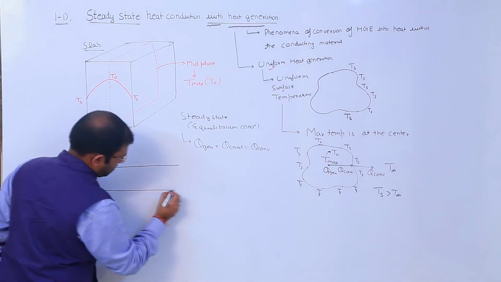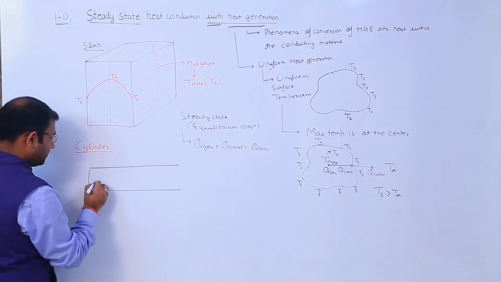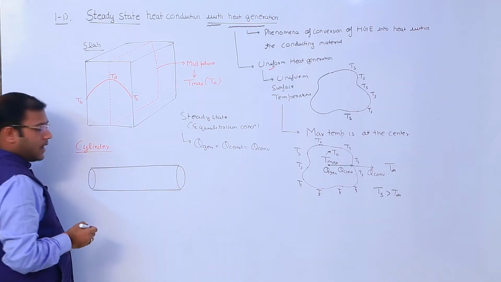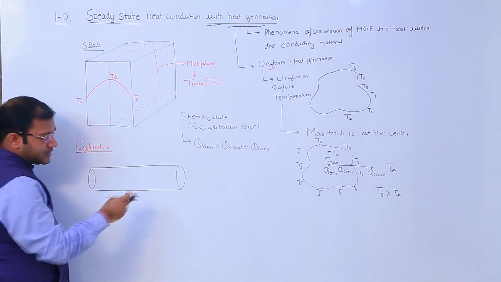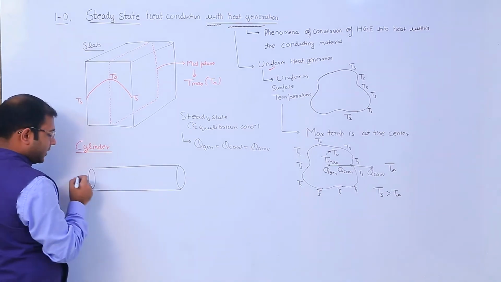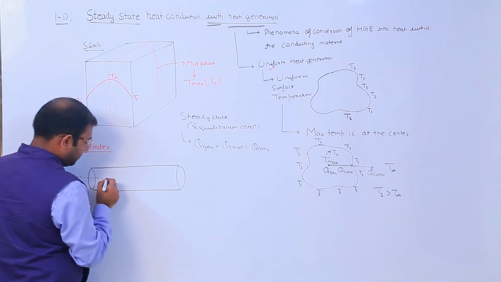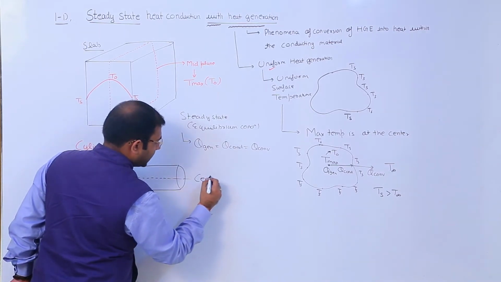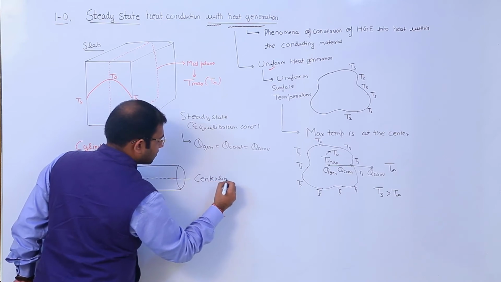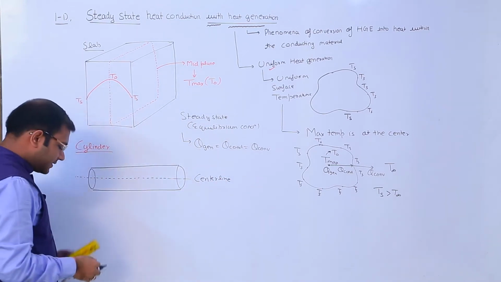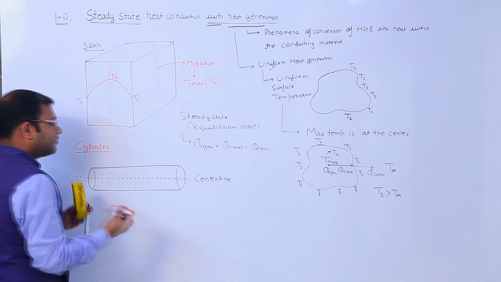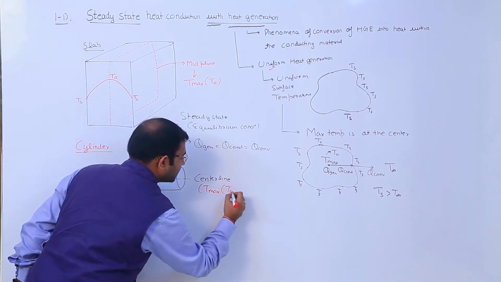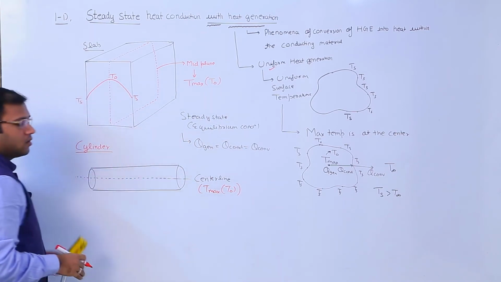Now some heat generation is taking place in the cylinder, so the center will become its center line. Fine. And at center line the temperature will be T maximum, which is represented by T naught.